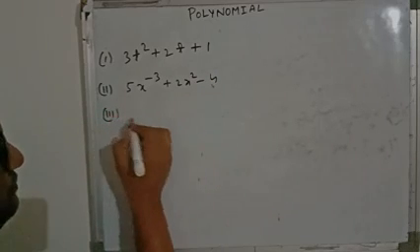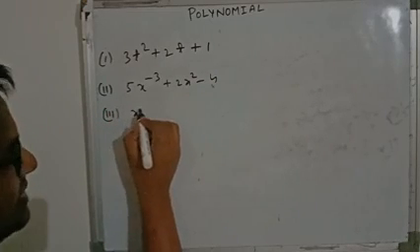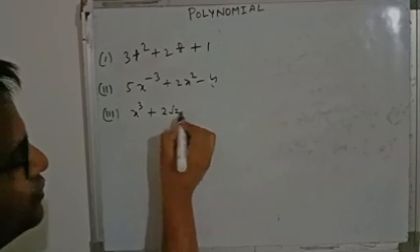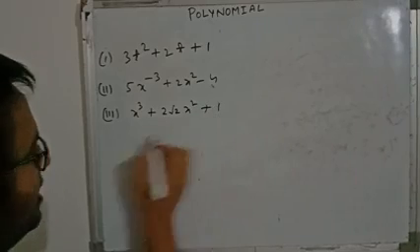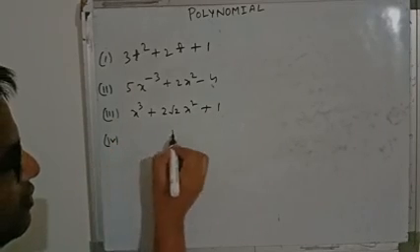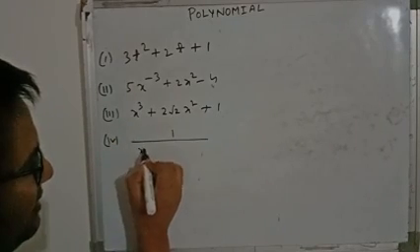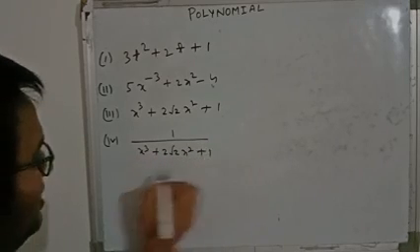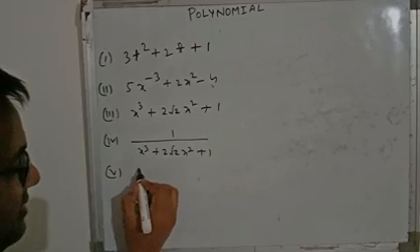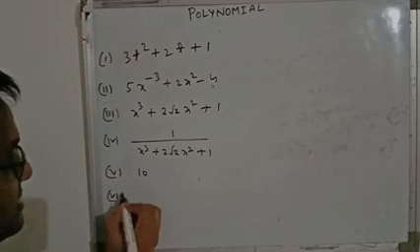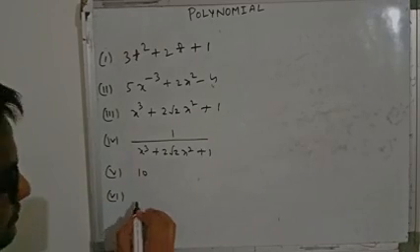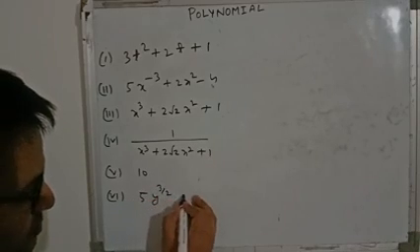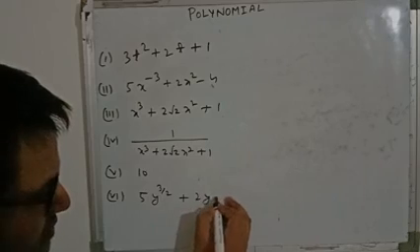Number 3, x cube plus 2 root 2 x square plus 1. Number 4, 1 by x cube plus 2 root 2 x square plus 1. Number 5, 10. Number 6, 5y to the power 3 by 2 plus 2y minus 3.